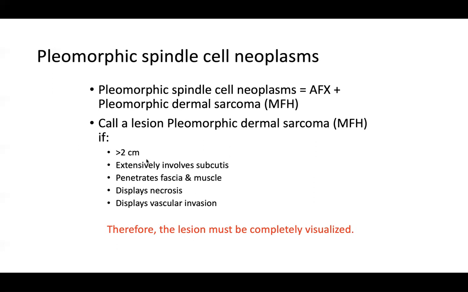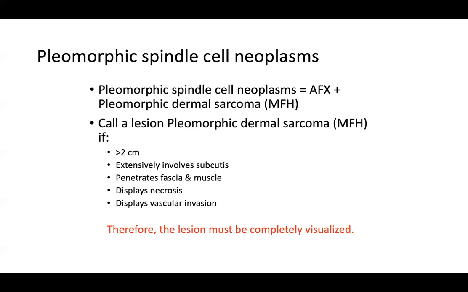So if it's greater than 2 centimeters and extensively involves the subcutis, if it penetrates into the fascia and the muscle and displays necrosis as well as vascular invasion, then you're dealing more with a pleomorphic dermal sarcoma as opposed to just simply an atypical fibroxanthoma.